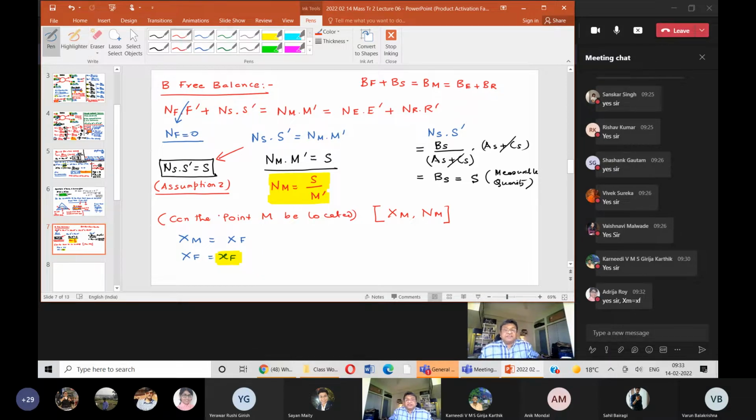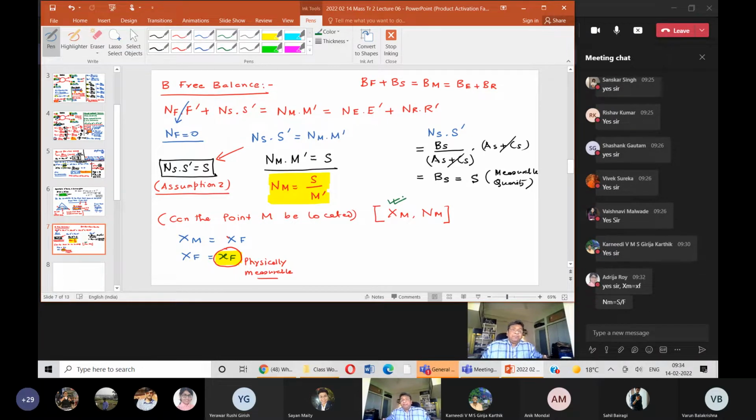However, XF is a physically measurable quantity. This is extremely important. Repeatedly, I'm telling, this is a physically measurable entity. For a B-free feed, XF turns out to be equal to capital XF, and for a pure solvent, capital XF turns out to be capital XM. So we can see that XM is known, right?